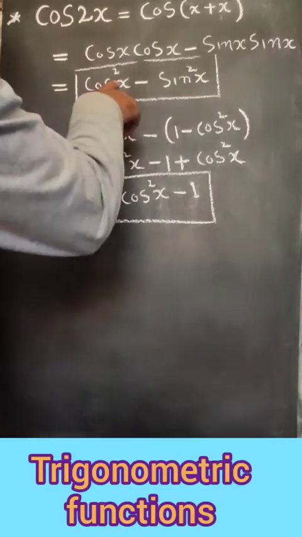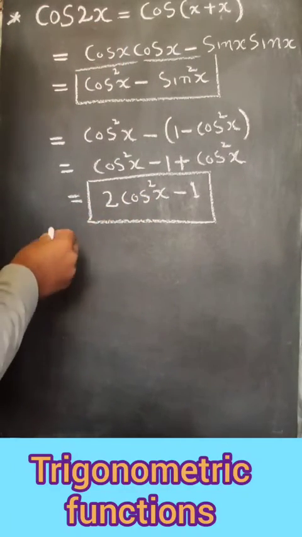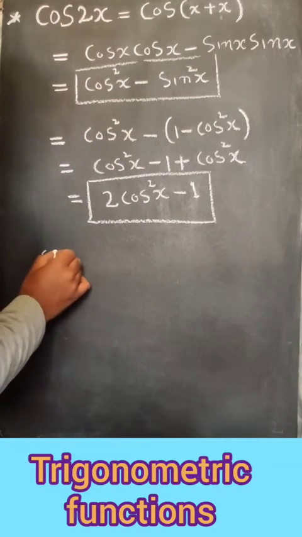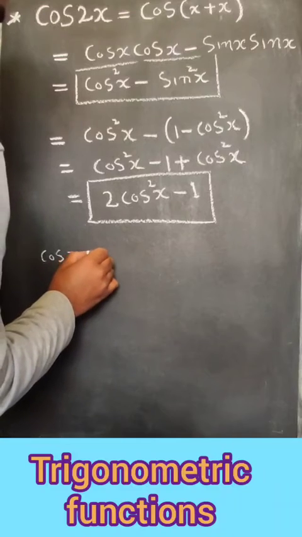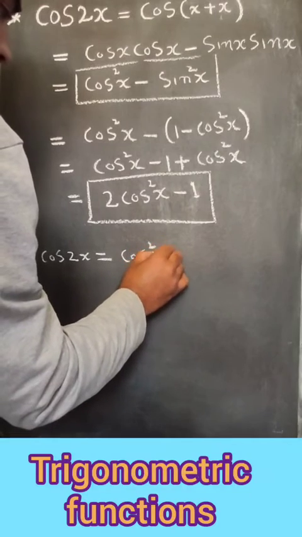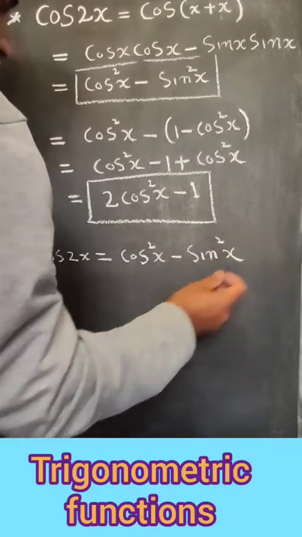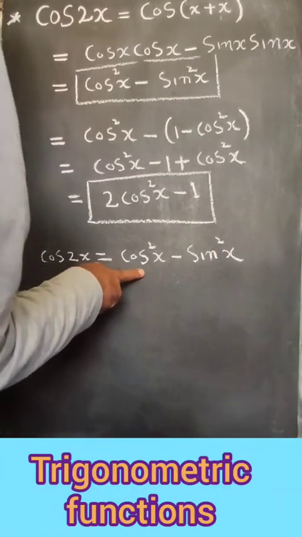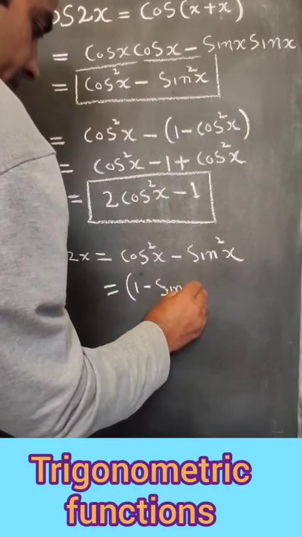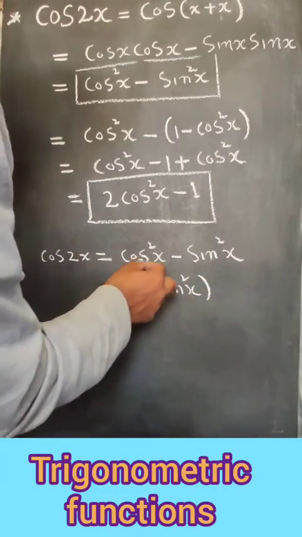We can also convert this cosine of 2x in terms of sine only. For that, we take this equation, cosine of 2x is equal to cosine square x minus sine square x. Now, instead of this cosine square x, we can write 1 minus sine square x, because we know that cosine square x is equal to 1 minus sine square x.